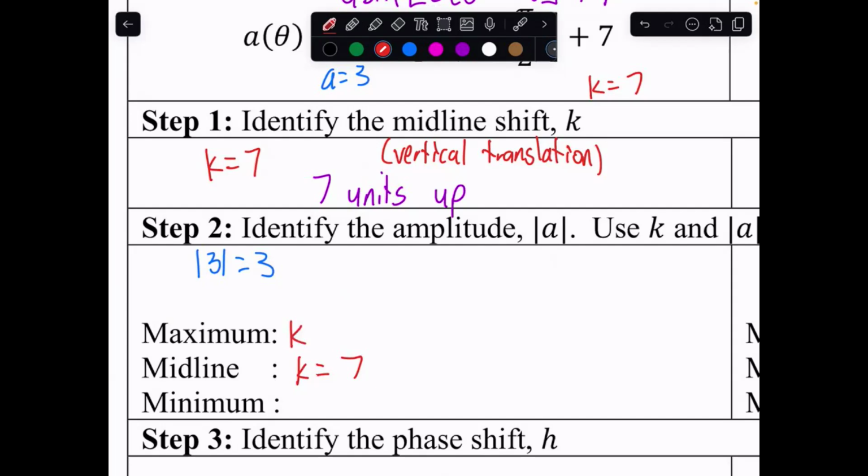The maximum is K plus the amplitude. So for this problem, K is 7 plus the amplitude of 3 is 10. The minimum is K minus the absolute value of A. We already have 7 marked, but let's also mark the y values of 10 and 4.